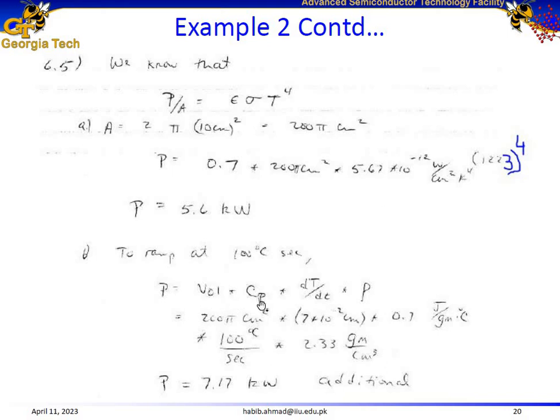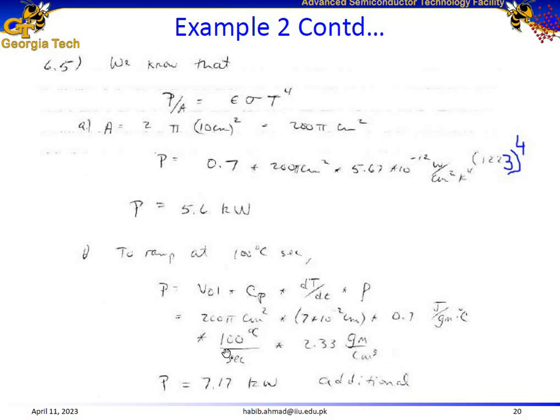Okay, so power is equal to volume times specific heat times the temperature rise rate times density. Volume is 100 pi area times the thickness, which is 0.7 centimeter for silicon, times the specific heat coefficient, which is 0.7 once again for silicon, or 0.75 that we assumed in one of the previous slides.